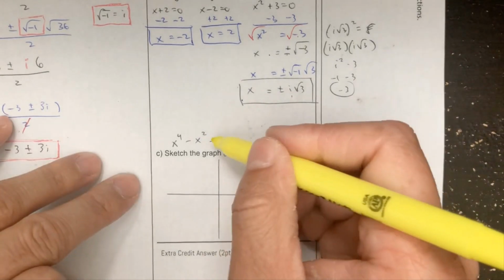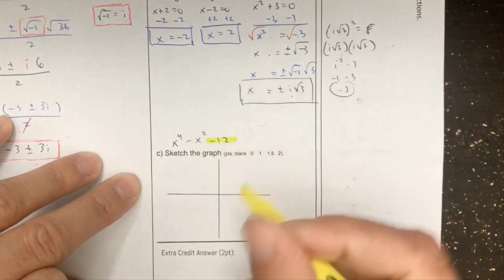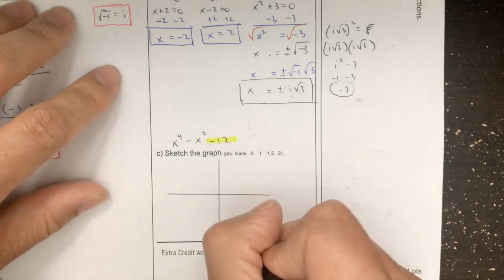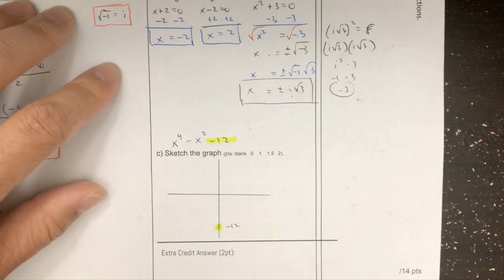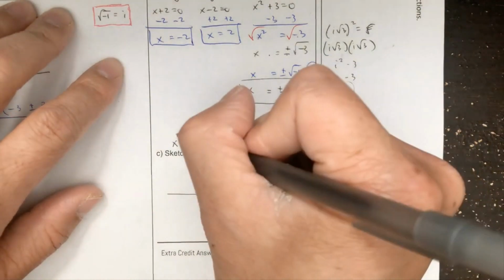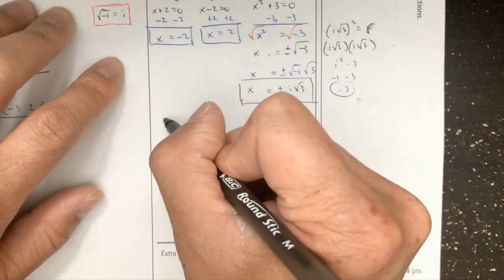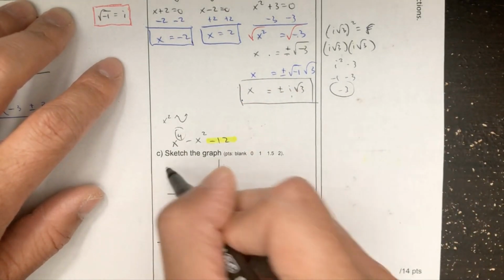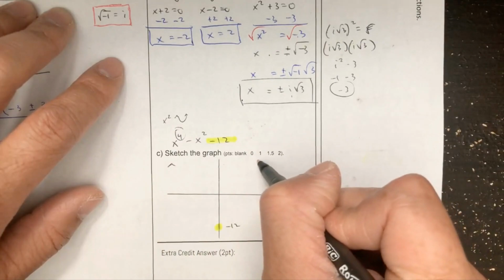Alright, so negative 12 is my y-intercept. Let's write negative 12. And it's to the power of 4, so it's an even degree like a quadratic. Starts up, ends up. Leading coefficient is positive, so your arrows stay that way.